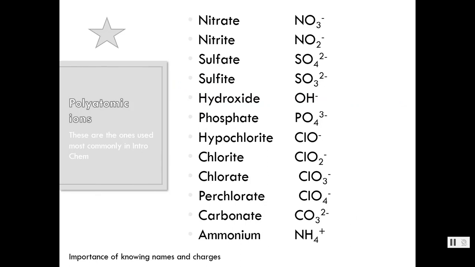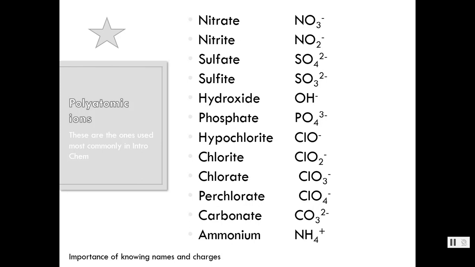I've whittled that chart down a little bit to these, just to tell you that these are the polyatomic ions that are used most commonly in this course. So these are the ones that you will encounter most commonly in questions and in lecture, and in the lab section of the course that's on nomenclature.